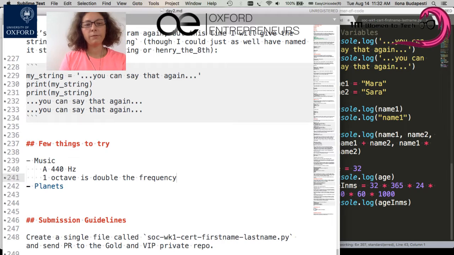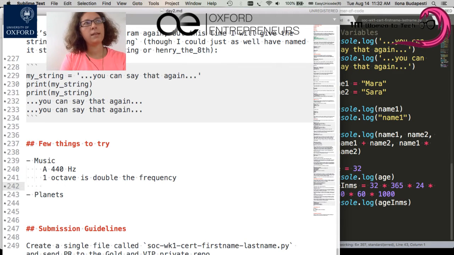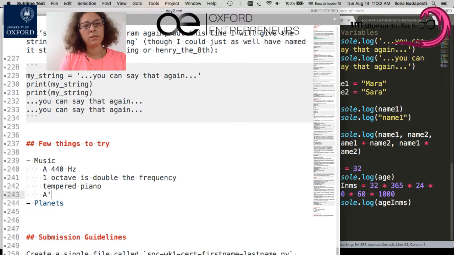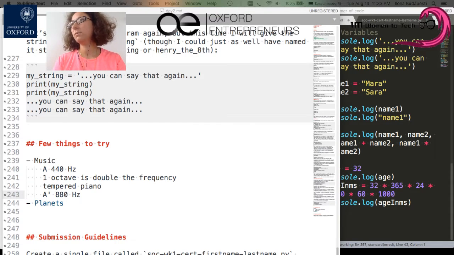So for what is called a tempered piano, the A dash is at 880 hertz. What's interesting is that one octave is actually 12 notes.